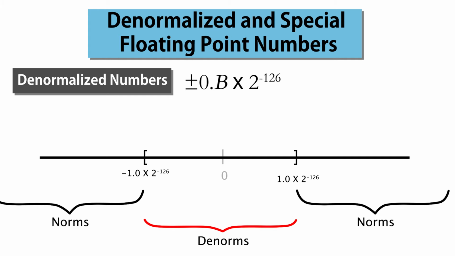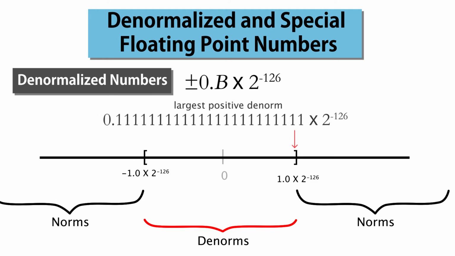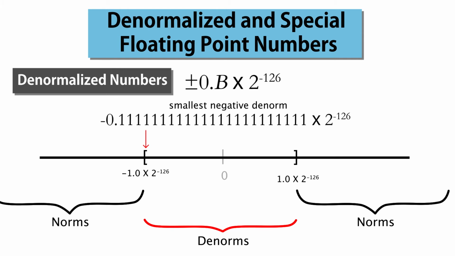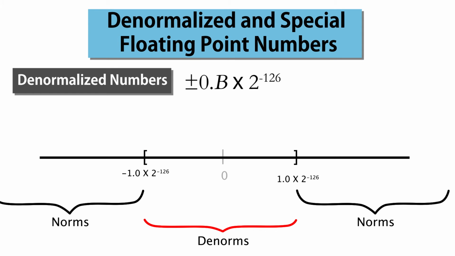The largest positive number of this form is 0.111, well, 23 ones after the binary point, times 2 to the minus 126. And the smallest negative value is just the negation of that. Notice that these are extremely close to the limits of the normalized numbers. In that sense, the floating point number system flows very smoothly from the normalized to the denormalized range.